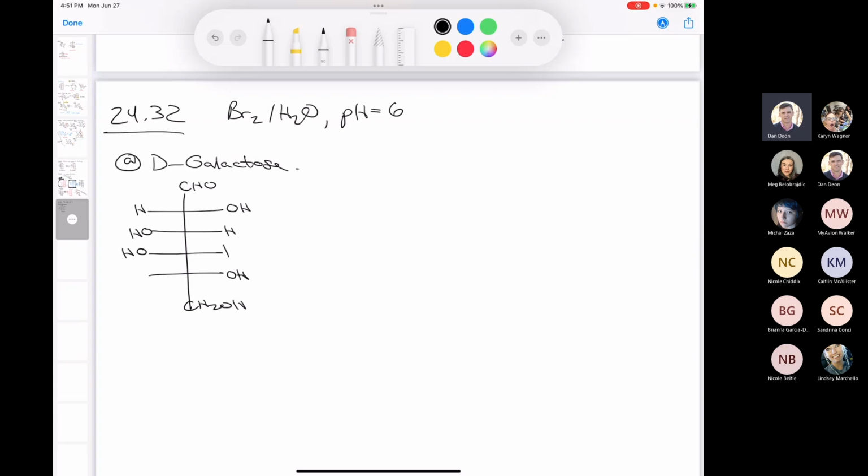So here are my protons, like that. And what I'm doing is I'm treating it with bromine and water at a pH equal to 6. And what that's going to do is it's going to oxidize the aldehyde. It's going to take the aldehyde to a carboxylic acid to make an aldonic acid.